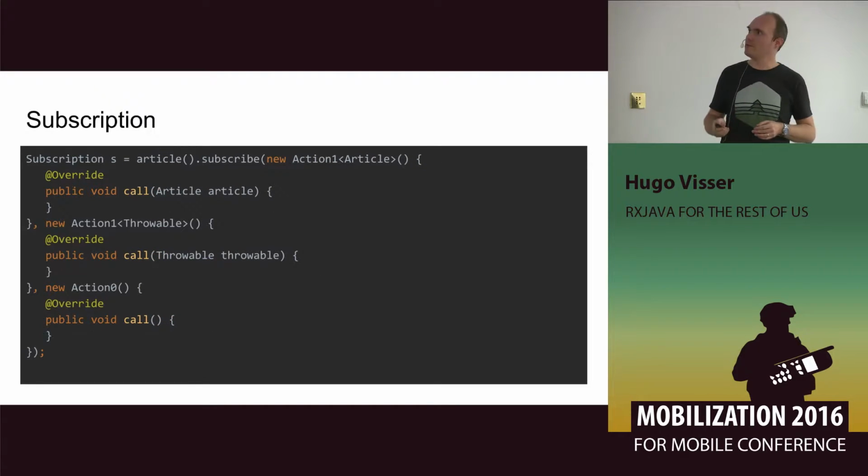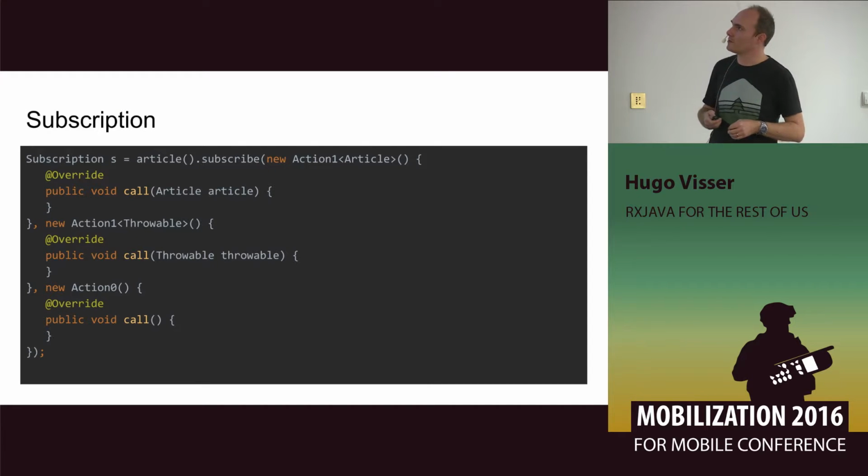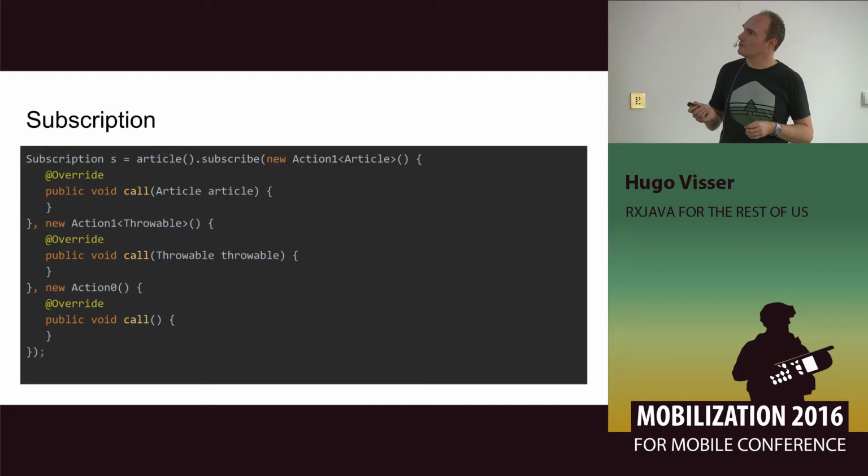And there are a couple of ways to create a subscriber. This is one way, with just subclassing subscriber. A common way is to use inner classes for this. Basically it gives you three inner classes for the same method, so the onNext, the onError, and the complete.